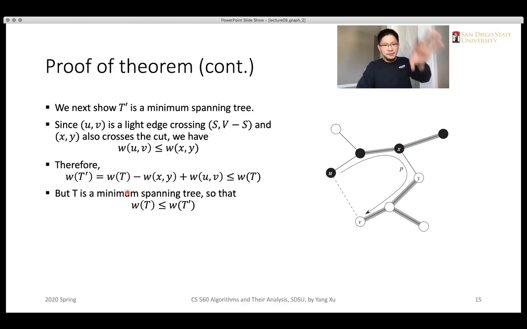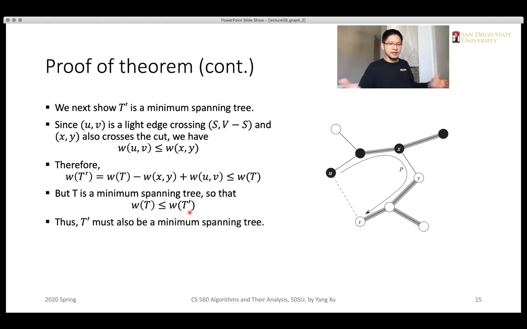As we know that T is already a minimum spanning tree, the total weight of a spanning tree cannot be smaller. T is already a minimum spanning tree, so the total weight of T prime must also be greater than or equal to that of T. Combining this inequality with the previous one, T prime has the same total weight as T, which means T prime is also a minimum spanning tree.